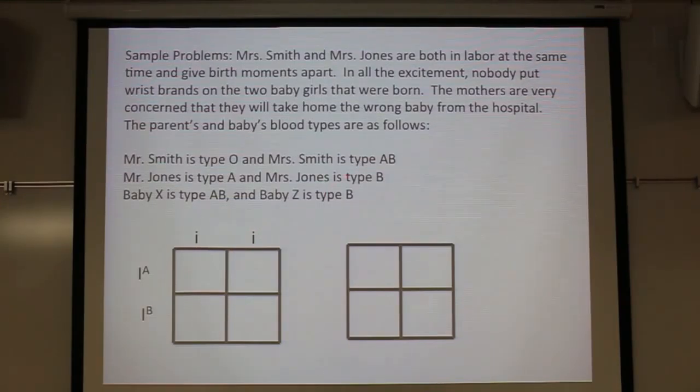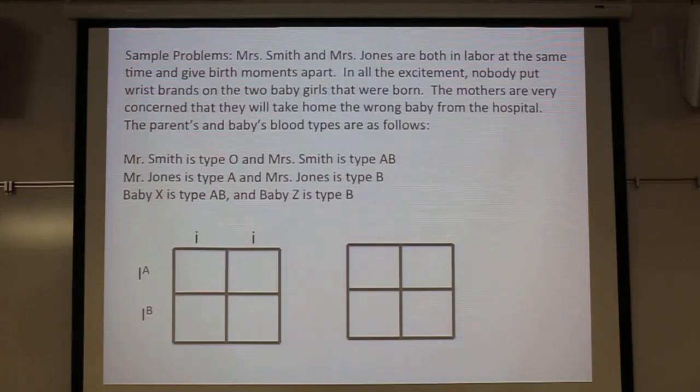And Mrs. Smith, who has the codominant A and B, is going to end up looking like that. So you have A and you have B, so you have Mr. Smith and you have Mrs. Smith. And just to remind you, these Punnett squares are designed to show you all of the possibilities of what could happen. You can use them to determine the odds of certain events occurring.